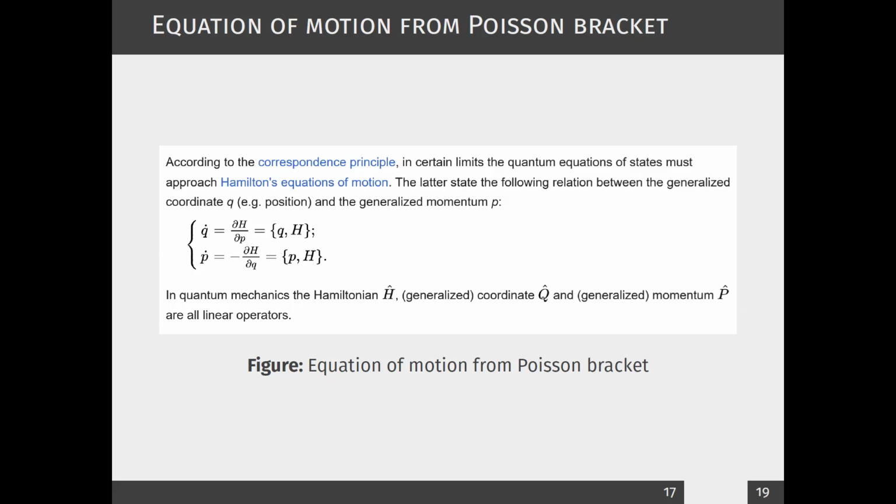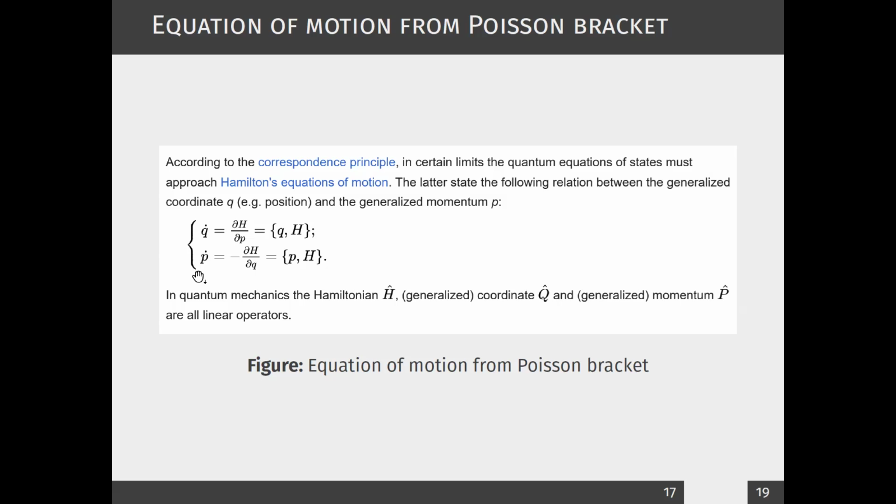So how to deal with that in greater detail? The derivative dq/dt is dH/dp. This is the standard Hamilton equation of motion, but it turns out that it's the result of the Poisson bracket of q, one of the space coordinates, with the whole Hamiltonian.